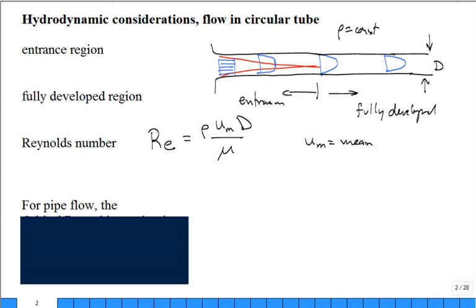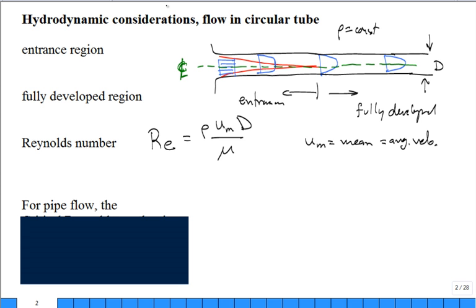Not mean like nasty, but mean like average velocity. So if it has a parabolic profile like this, it's not the center line. This would be the center line, right? In a pipe. That CL center line symbol. It's not the center line velocity, but it's the average velocity over that cross-sectional area.